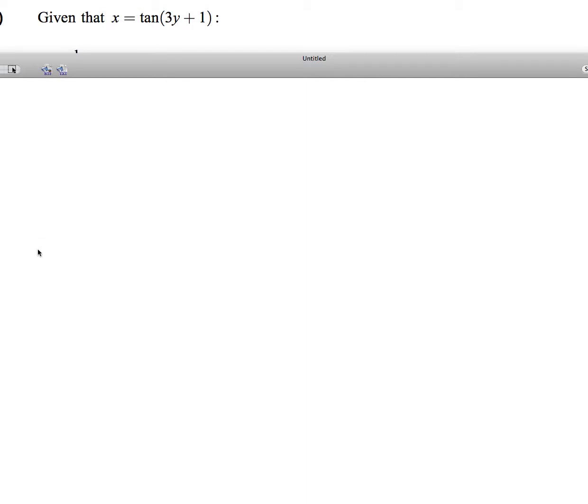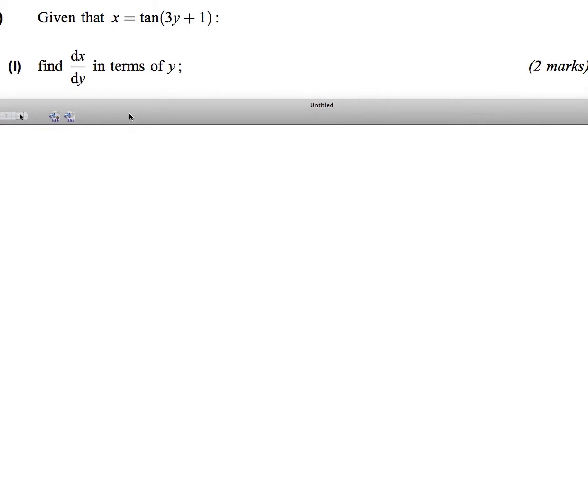This is question 3. Here we've got to find dx by dy, which is a bit odd, I agree. It's a bit unusual, but it's the same really.